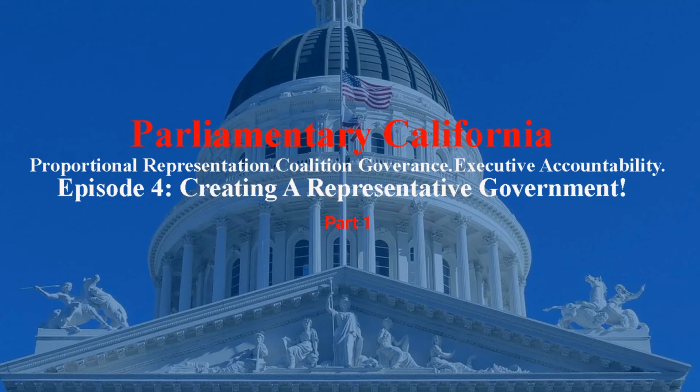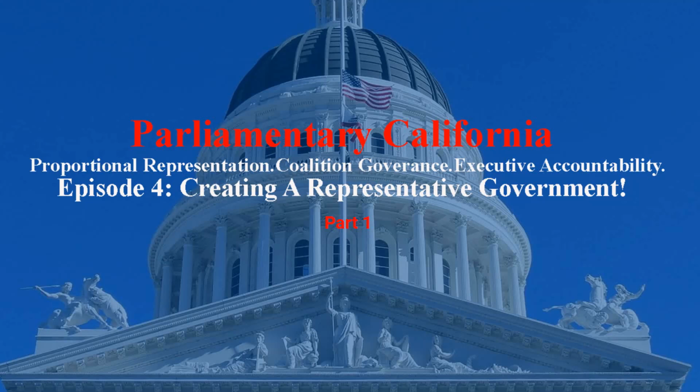The second and third episodes started to get the ball rolling in talking about several of my ideas on how I would implement a system of government in which the legislature plays a central role in forming the government and holding it to account.